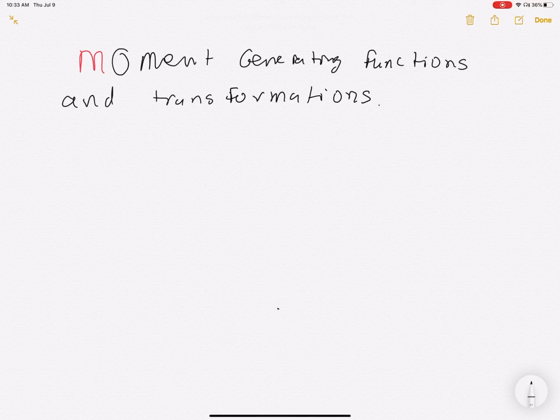Okay. In this example, I'm going to let X1 be a Poisson distribution, and its parameter or mean is going to be k equals 2.